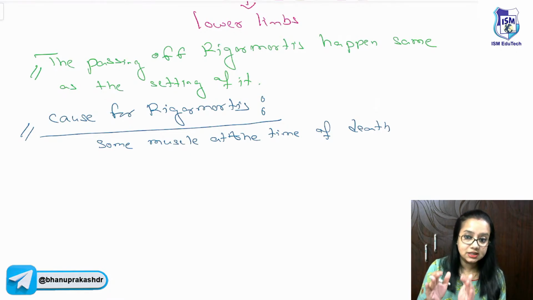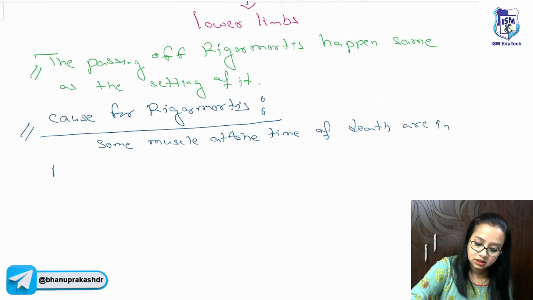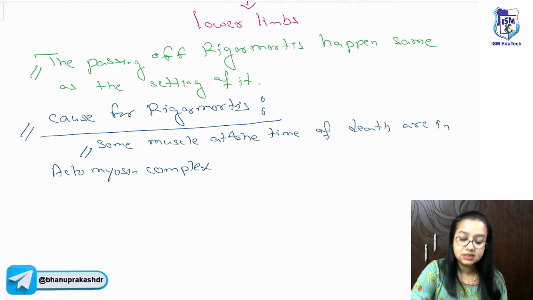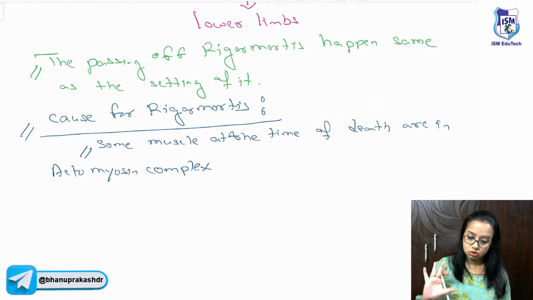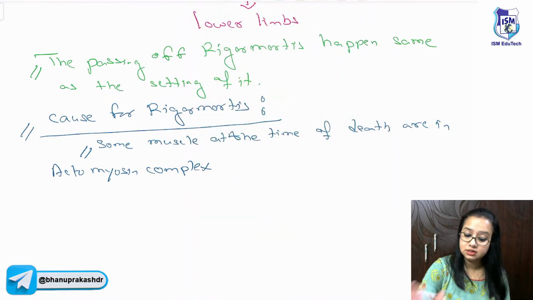It stays intact for a little bit of time. So, some muscles at the time of death are in actomyosin complex, right? The actin and myosin are bound to each other at a 45 degree angle, and there is a power stroke.